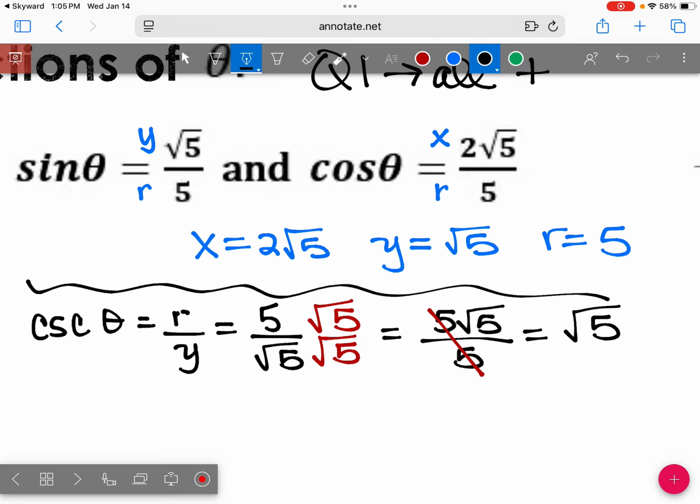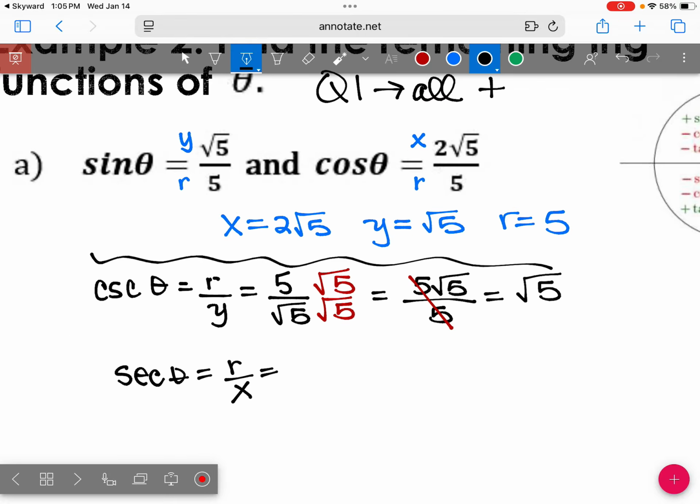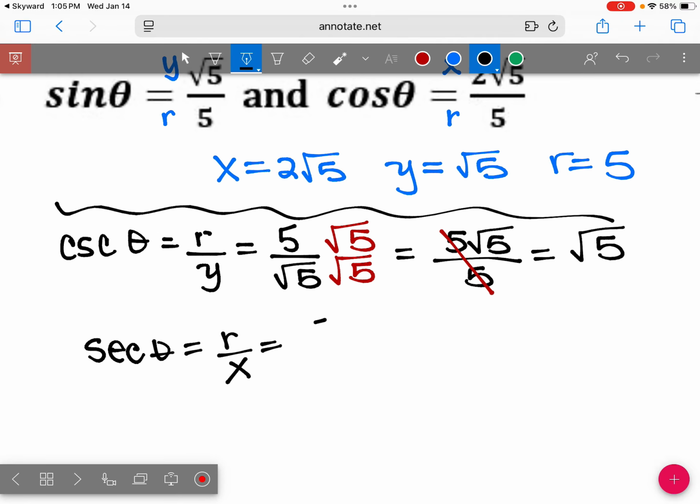All right, now let's find the secant. The secant is r over x. We're going to take our r value and put it over x. Same thing, we have to multiply by the square root of 5.